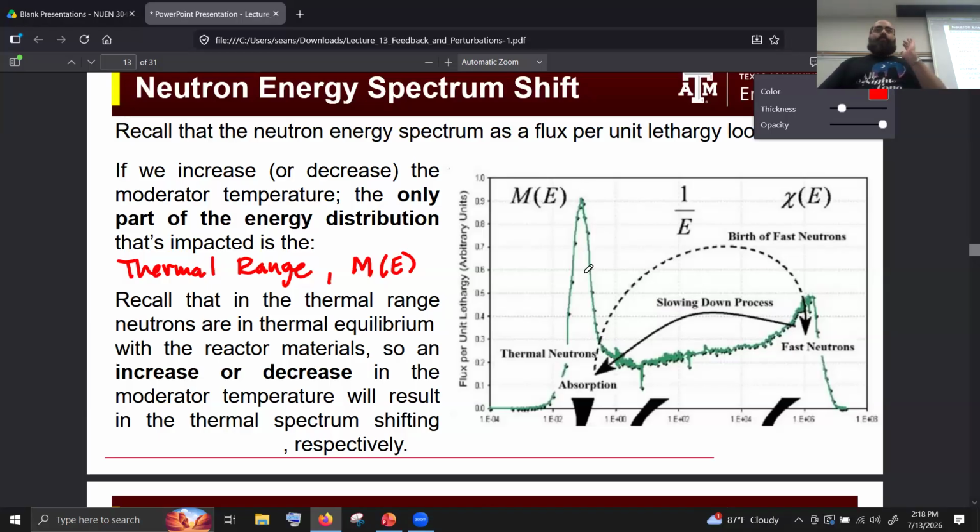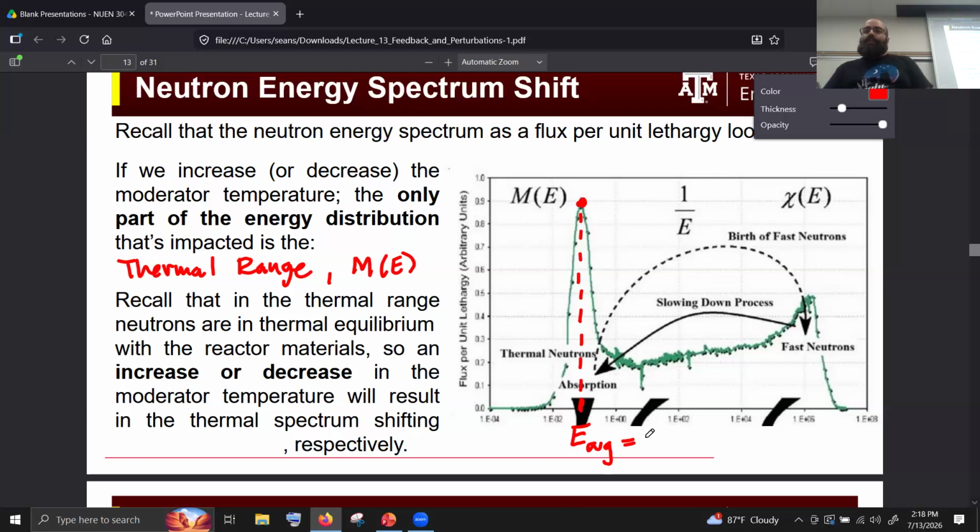And when we talk about thermal neutrons, what we're saying is that these neutrons are in thermal equilibrium with the moderator. So this Maxwellian has a peak, and the energy of that peak is like the average energy that corresponds to the average temperature of the neutrons in my system being in thermal equilibrium with the environment.